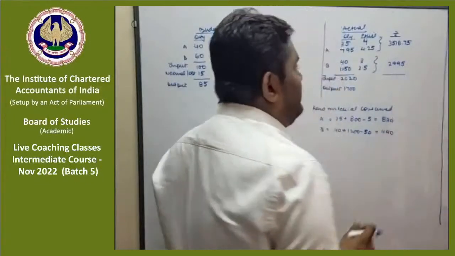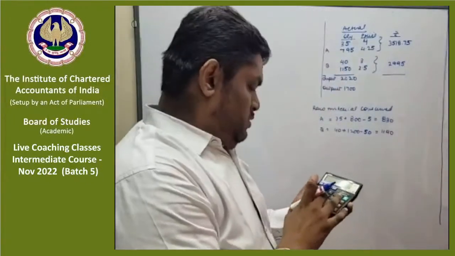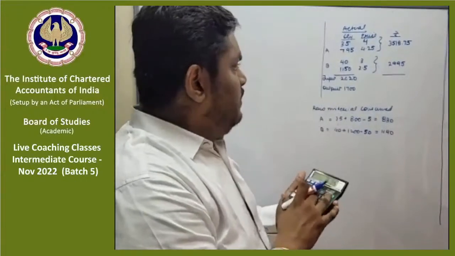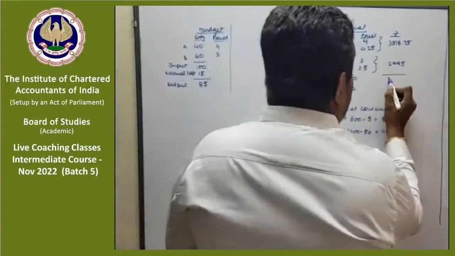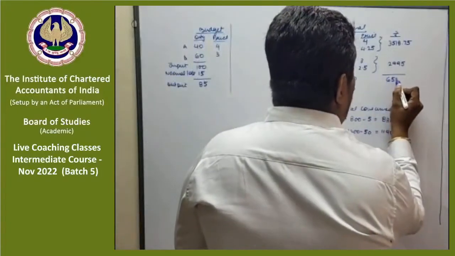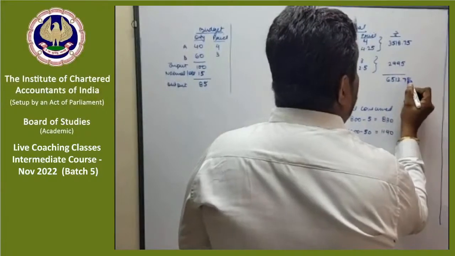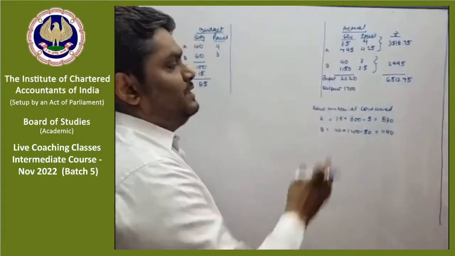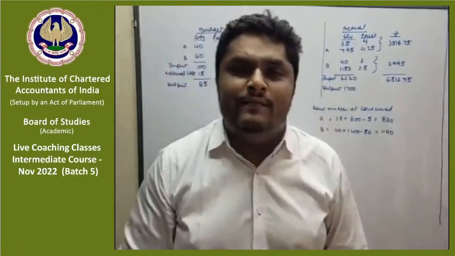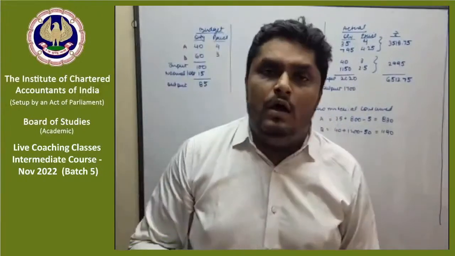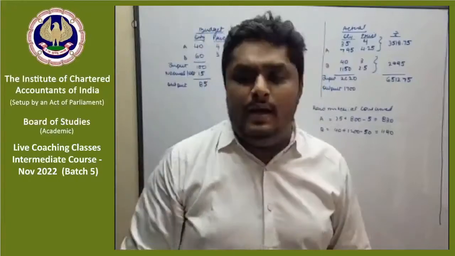We can calculate the total cost also, that is 3518.75 plus 2995, that is 6513.75. So this is the actual data that is given. We have used FIFO approach to calculate the pricing part.